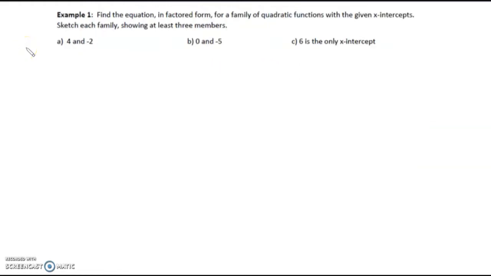Example 1: find the equation in factored form for a family of quadratic functions with the given x-intercepts, and then sketch each family showing at least 3 members. We're always going to start with y equals a, x minus r, x minus s. So we can write that for each one of these.